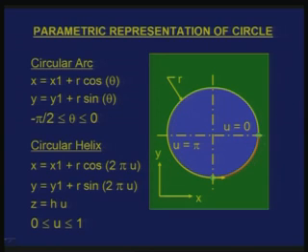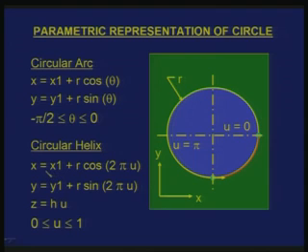So, I have a starting point which is this, then I have an end point which is this. So, that is another way of representing, and this is a representation for a circular arc. So, one can say that a circle is a special case of a circular arc. When the parameter has a fixed set, then it becomes a circle. So, an arc is a more common representation.